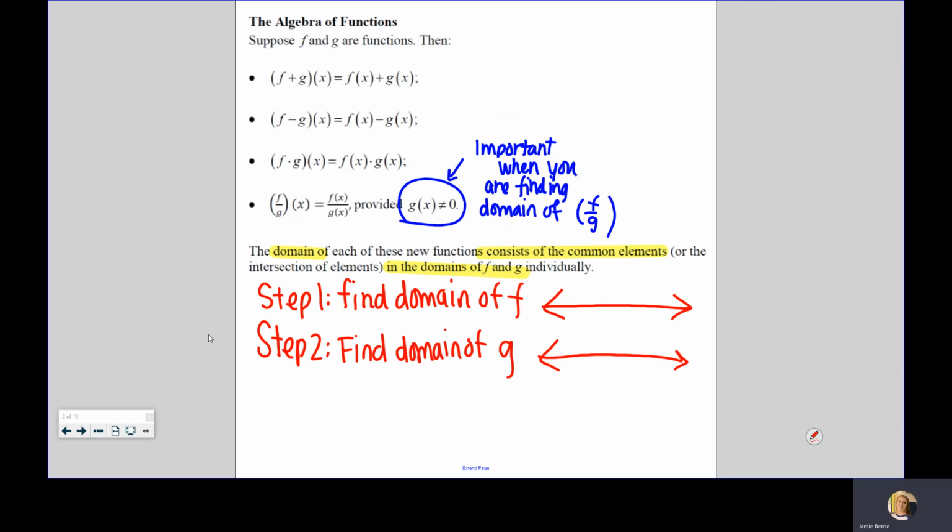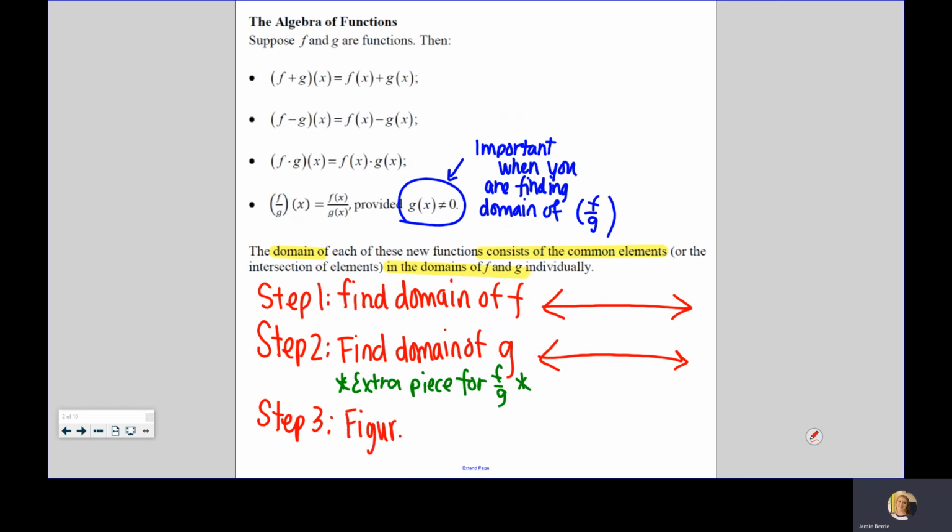At this point, if you are finding the domain of f divided by g, don't forget this extra piece. So we'll just add in a little note here. We have the extra piece for f divided by g, where we have to figure out where g is equal to 0. And then the last step is to figure out where those domains overlap, or what they have in common.